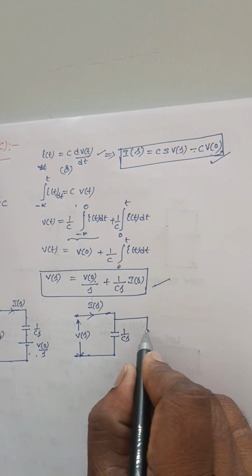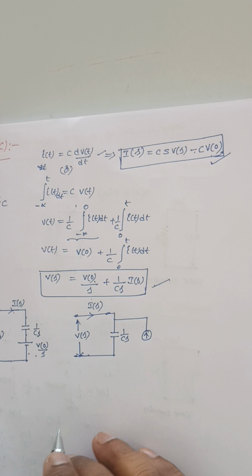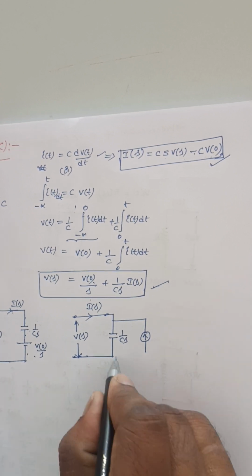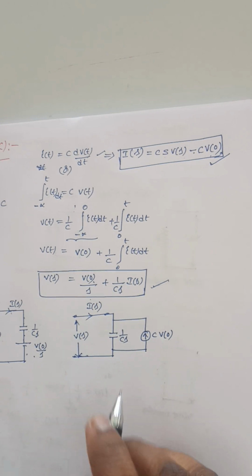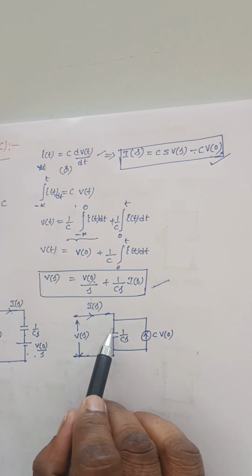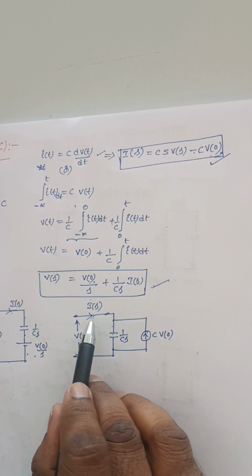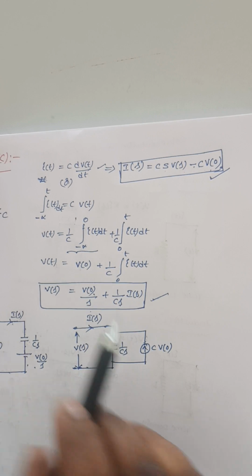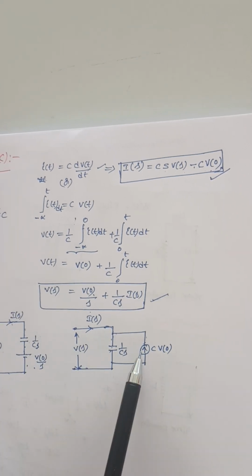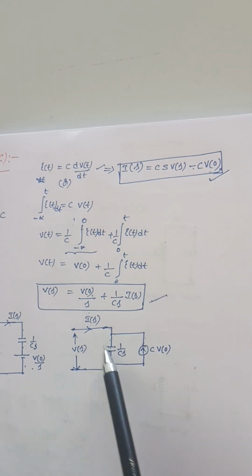The current is in the opposite direction because of the minus sign, so it is C into V of 0. If I apply KCL at this point, I of s plus C into V of 0 is equal to this current.